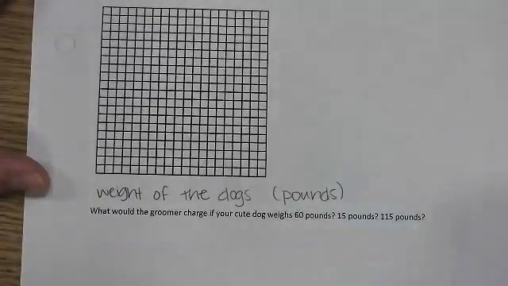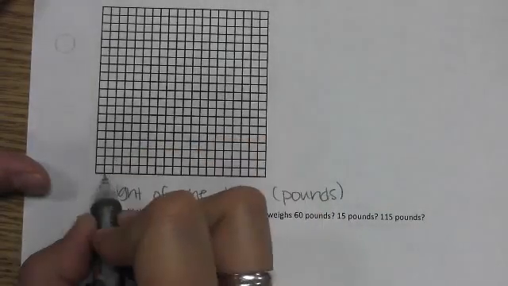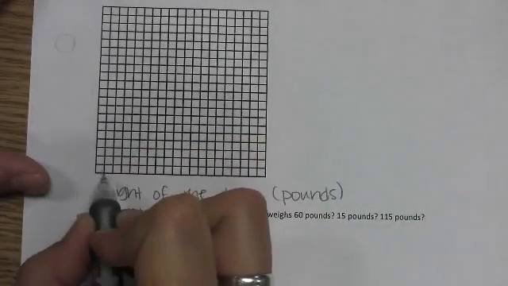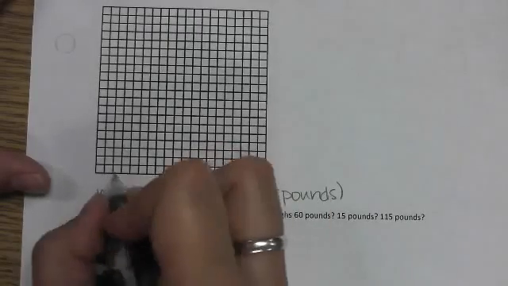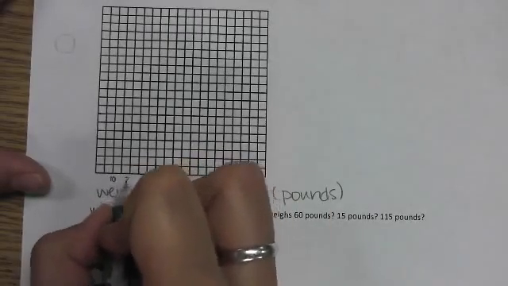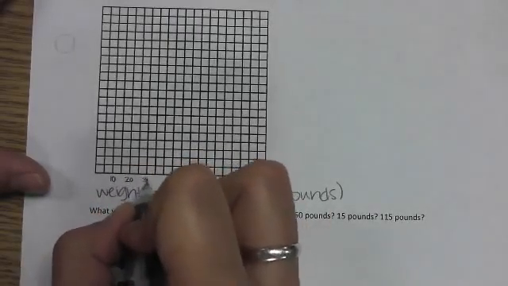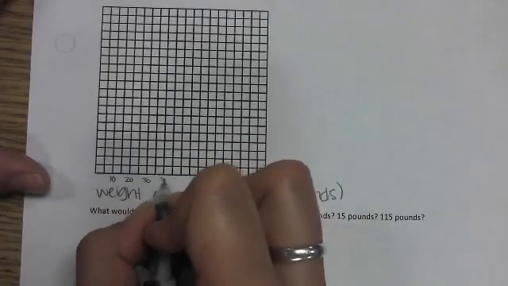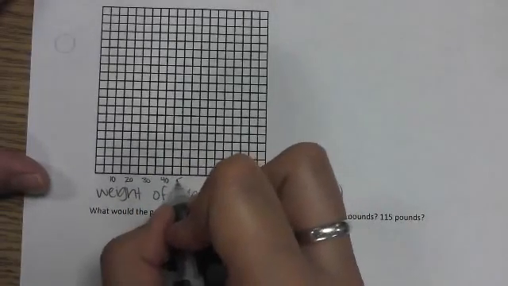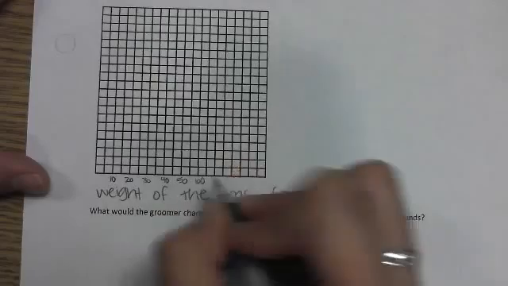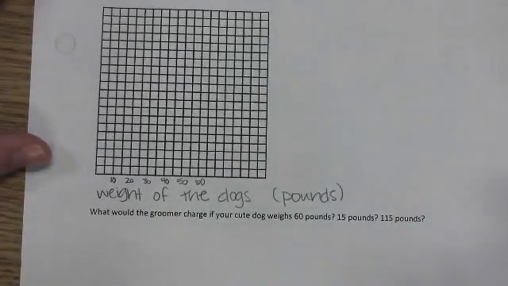I'm going to say maybe going by 5s is probably your easiest option, and I'm lazy, so I don't want to write all these numbers. So I'm going to say 5, 10, 15, 20, 25, 30, 35, 40, 45, 50, 55, 60. We'll call it good there.